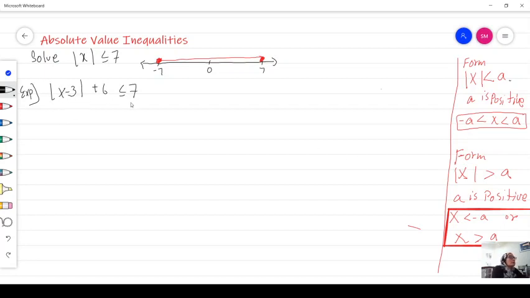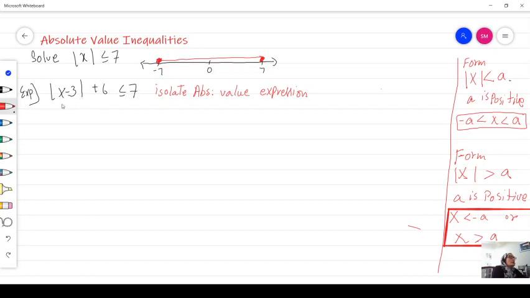So now when you get the question of absolute inequality, something like this, even if that was an equation, make sure this 6 disappears. You move this to the other side of the inequality because I have to isolate my absolute value expression. So the first thing, isolate the absolute value expression.